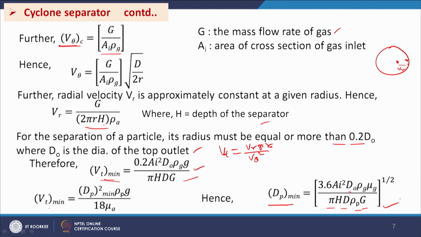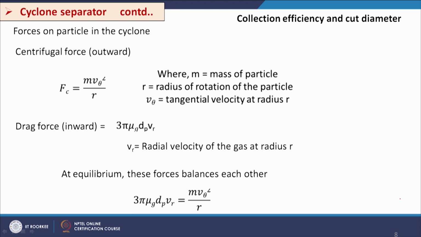Now, we will discuss the cut diameter and the collection efficiency of the cyclone separator. Again the same thing: two forces act, the centrifugal force outward, F c equal to m v theta square by r, and the drag force 3 pi mu g d p v r.